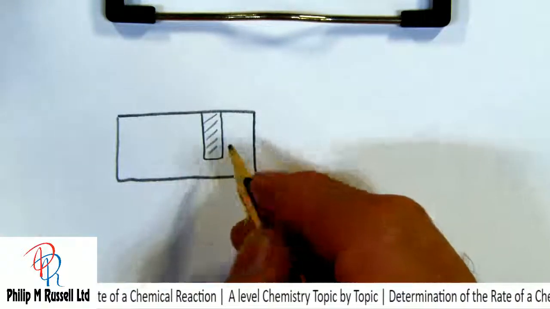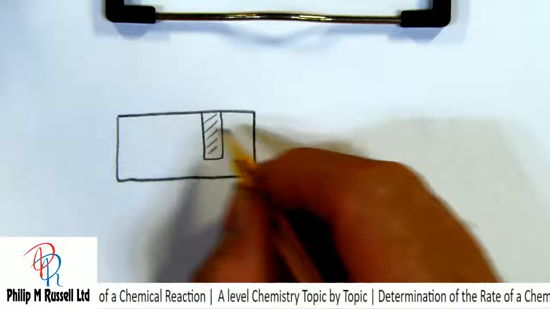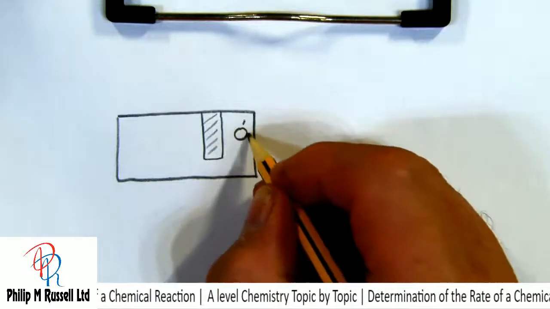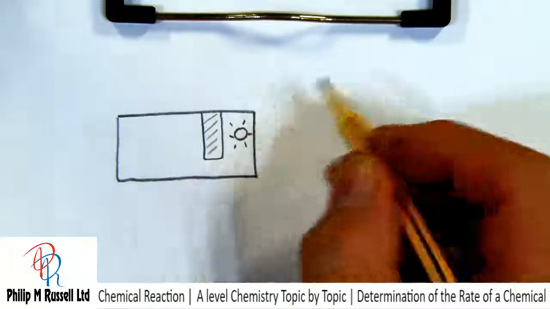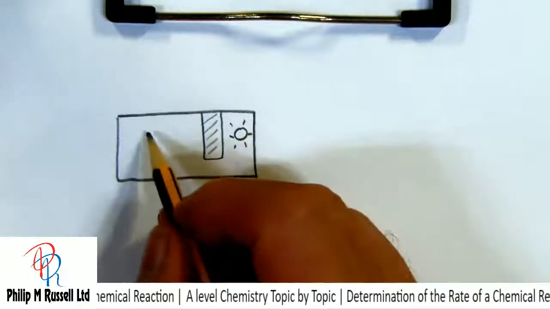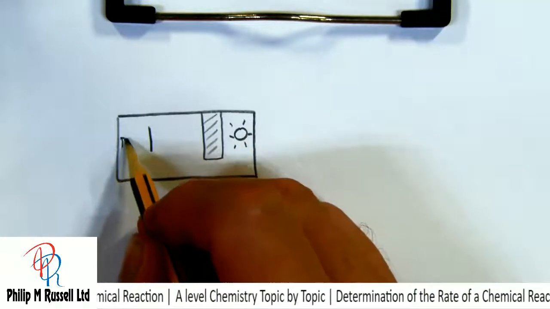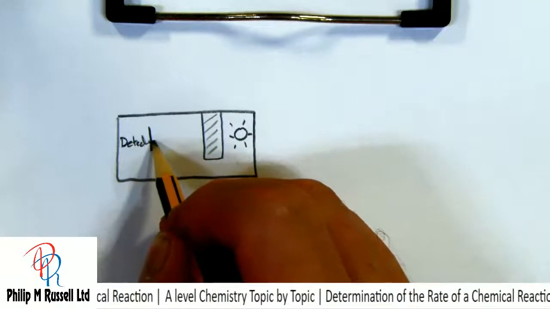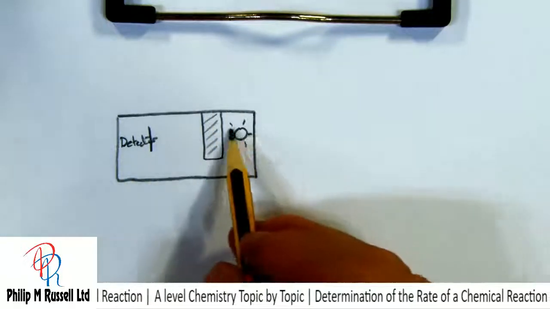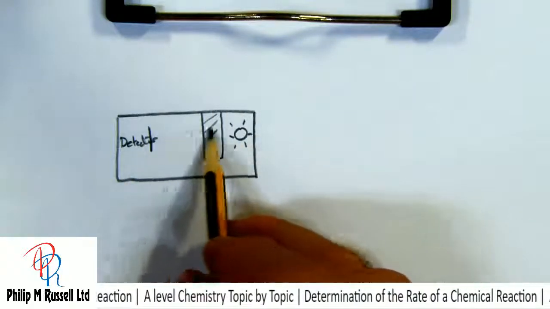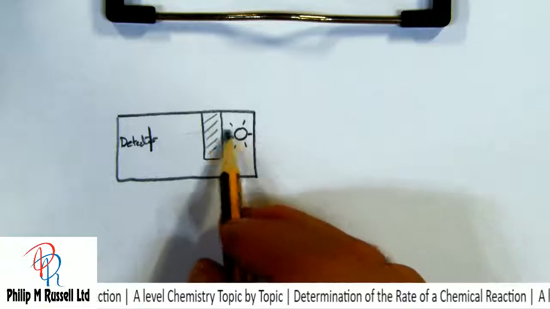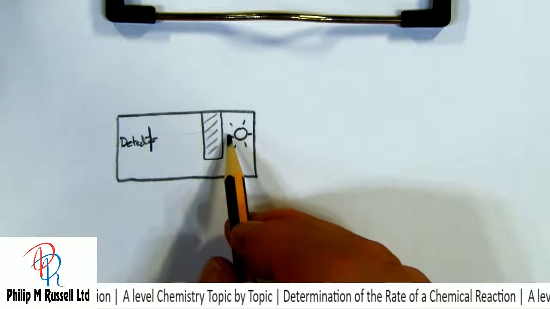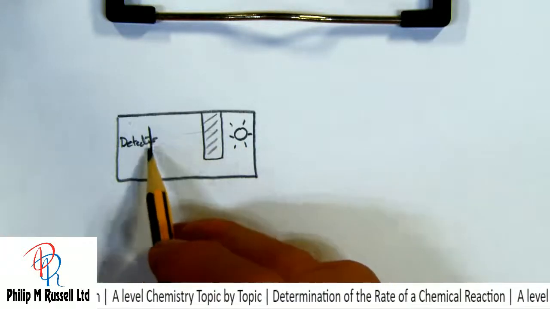This is called a cuvette, and what we have is a light source here of particular wavelength, and we have here a detector. The light goes through here, and we measure either how much light is absorbed or how much light goes through.